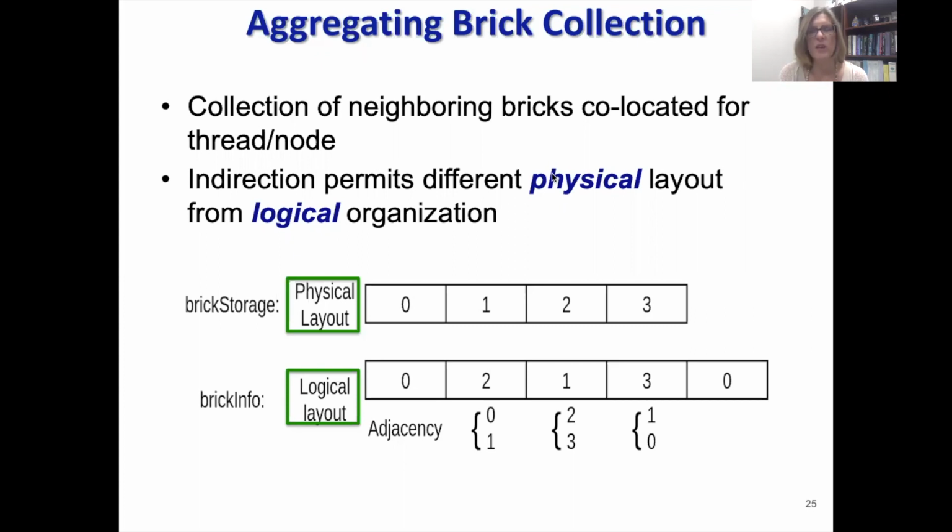So brick storage is where we actually store the brick data, and it is numbered with an index corresponding to its physical location. We can reflect a different logical layout with brick info, which is basically keeping an adjacency list for all the nodes.